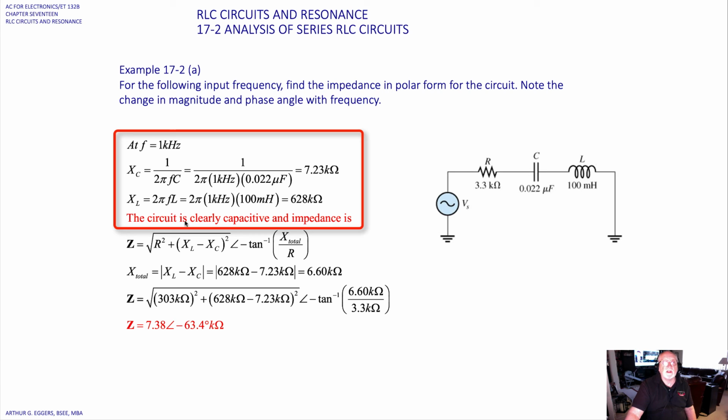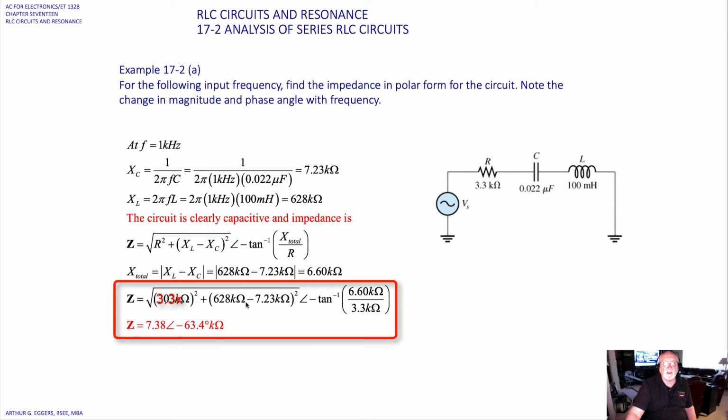So the circuit is clearly capacitive, and impedance is the calculation as we've seen before. We take the difference in X sub L and X sub C. There's our inverse tangent, X total over R. If we take the absolute value of the difference in X sub L and X sub C, we get a value of 6.60 k ohms. So that value becomes our term here.